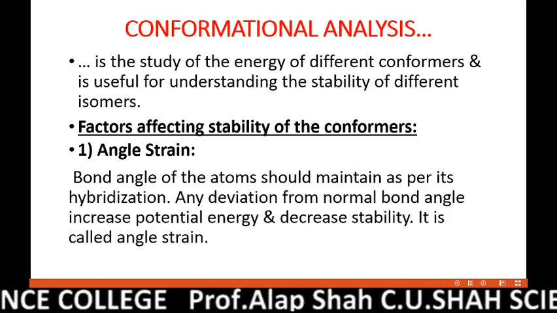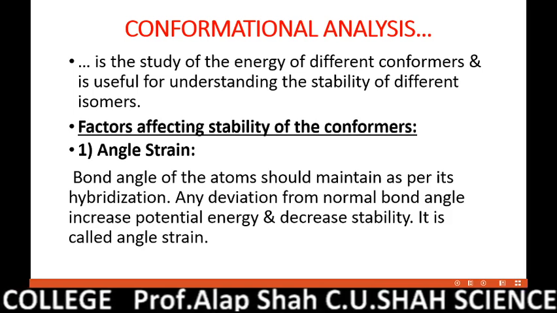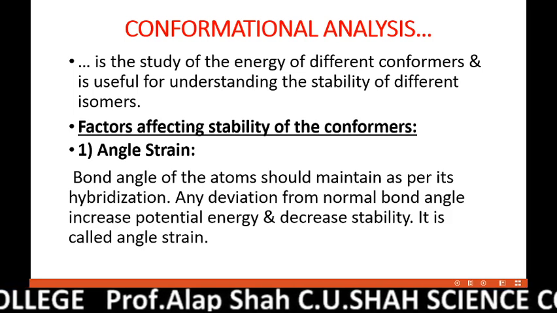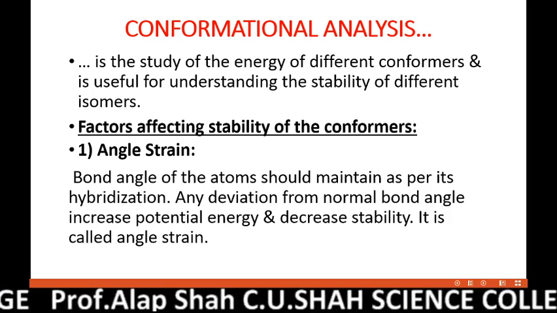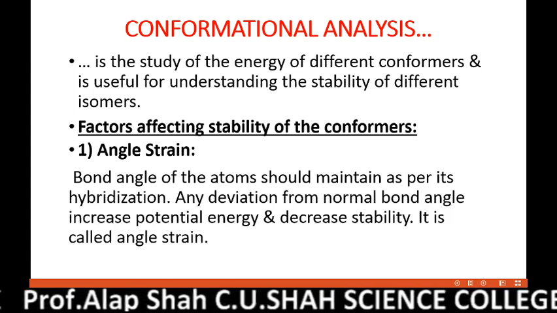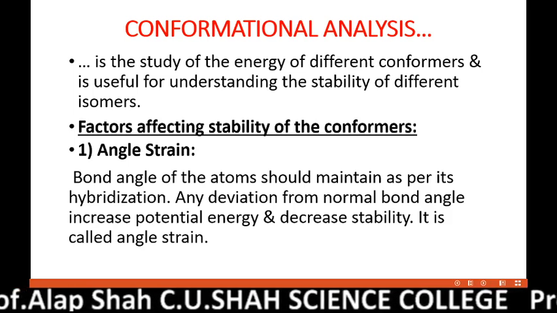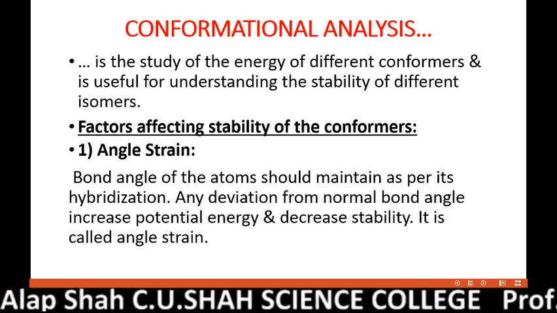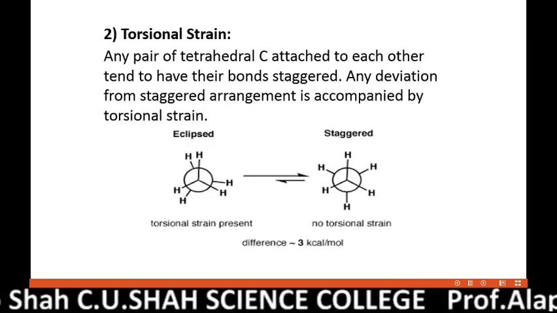Now, any deviation from the normal bond angle increases the potential energy in the molecule, and when potential energy increases, stability decreases. This is called angle strain. So any kind of strain increases the energy and decreases the stability of the conformer.